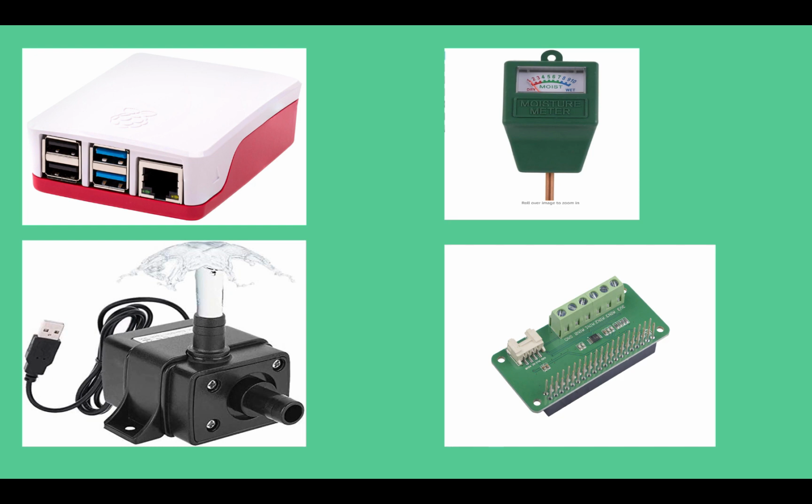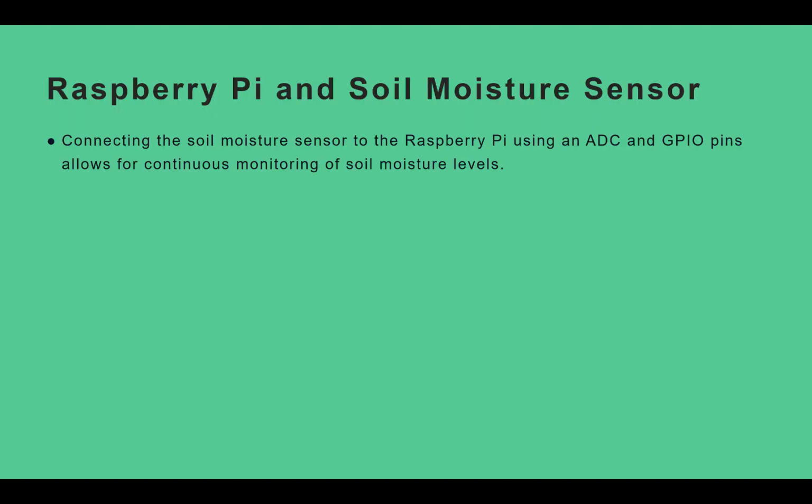The first is the Raspberry Pi, and the second is the moisture sensor. After that, we have the water pump and the ADC for analog signal conversion. For this system, we connect the soil moisture sensor to the Raspberry Pi using an ADC, and the GPIO pins allow for continuous monitoring of soil moisture level.